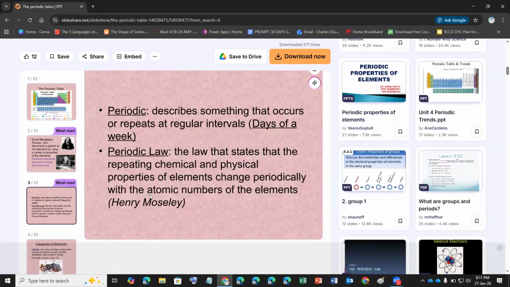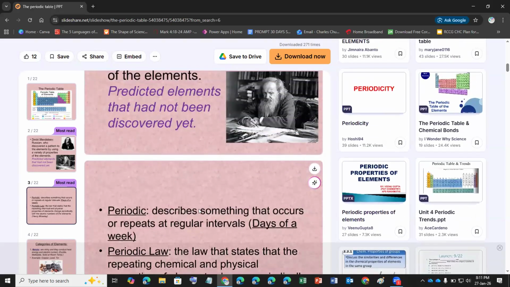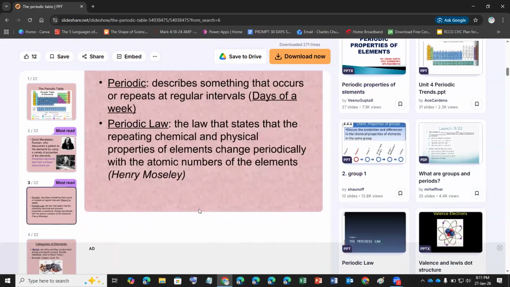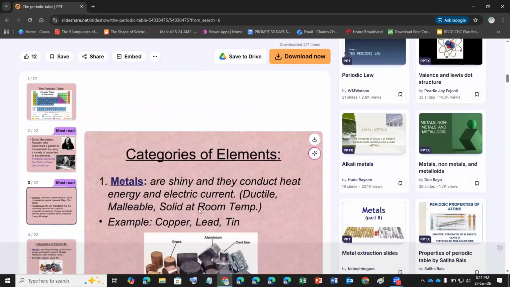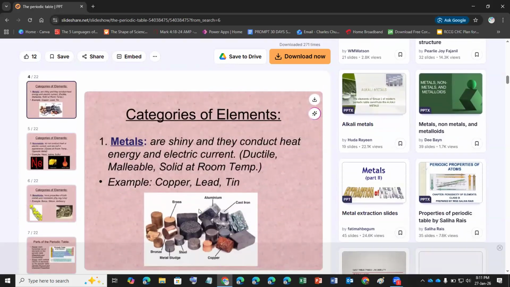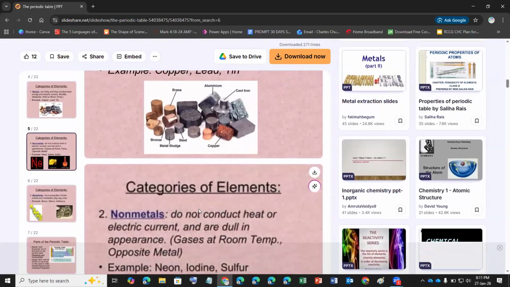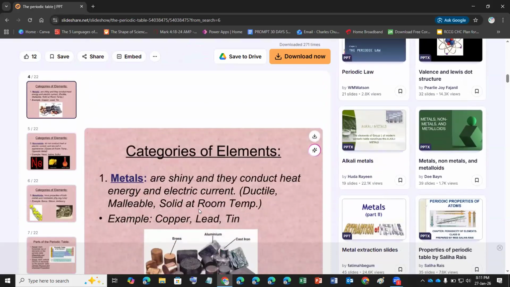So this is just the general law that governs the periodic table. Now if you want to talk about physical properties, we start with metals. These are the general properties.